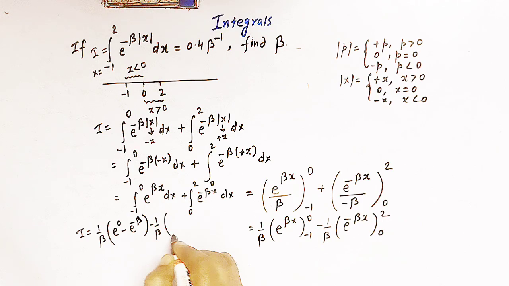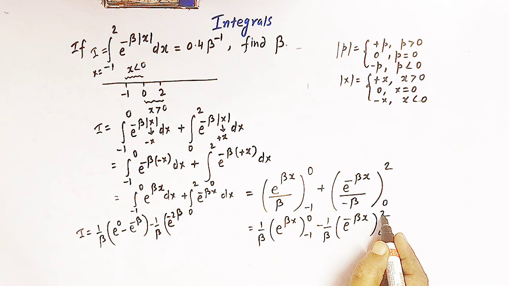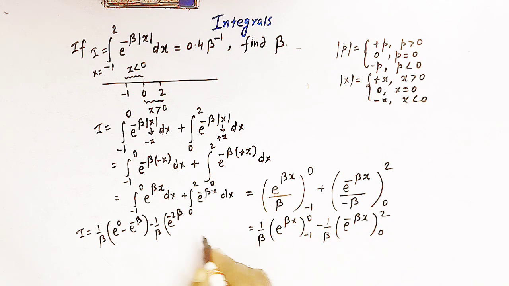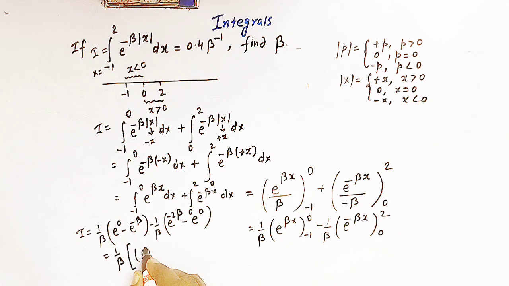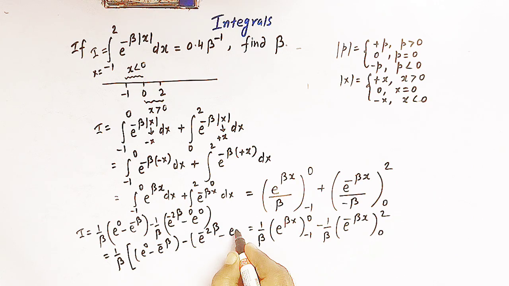For x equal to 2 we have e raised to minus 2 beta, and for x equal to 0 we have e raised to 0. Now we can take 1 over beta common from these two expressions. We have e raised to 0 minus e raised to minus beta, and then e raised to minus 2 beta minus e raised to 0.